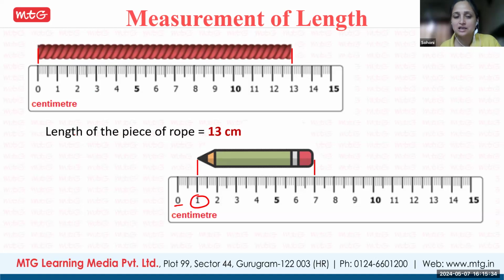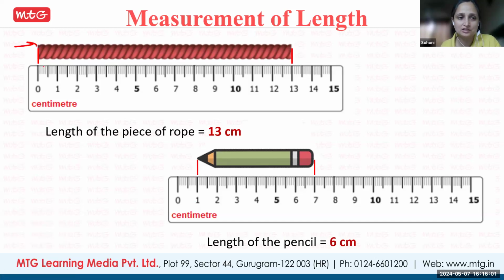If it does not, then we have to subtract. Here it ends at 7 and started at 1, so the length is 7 minus 1, that is 6. Because it did not start from 0, we have to subtract this 1. So 6 centimeters is the length of this pencil.